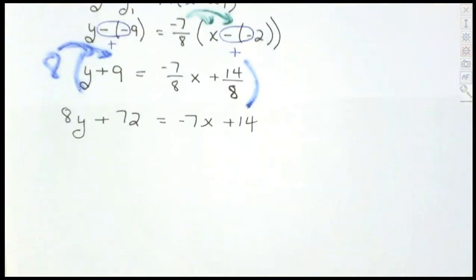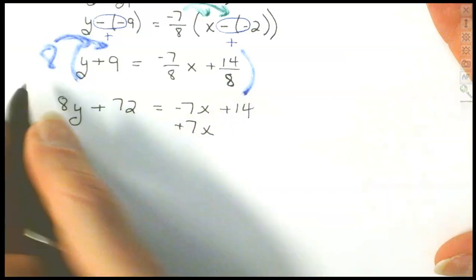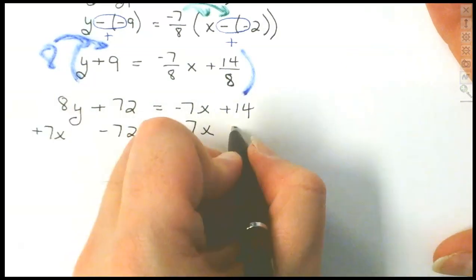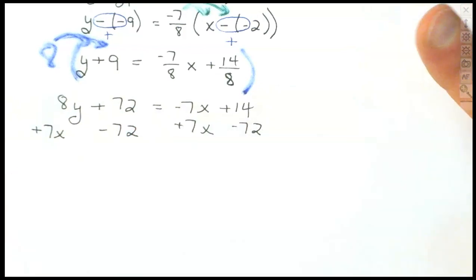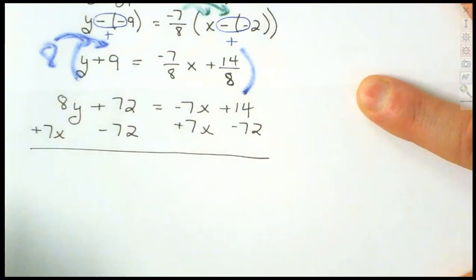So let's go ahead and move things over. This x needs to go over to the left, so we're going to add 7x over. And the 72 goes to the right, so move over that 72 with the minus. And now we'll have it in standard form.